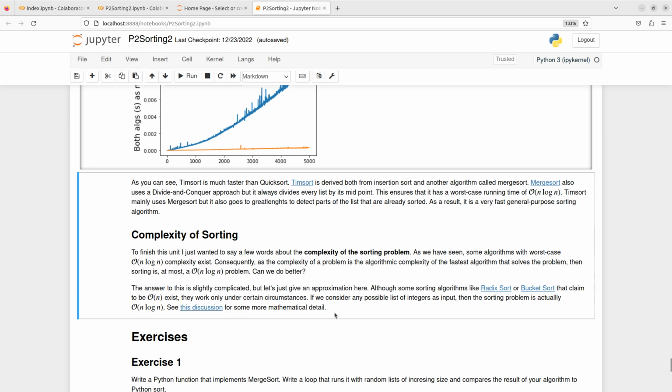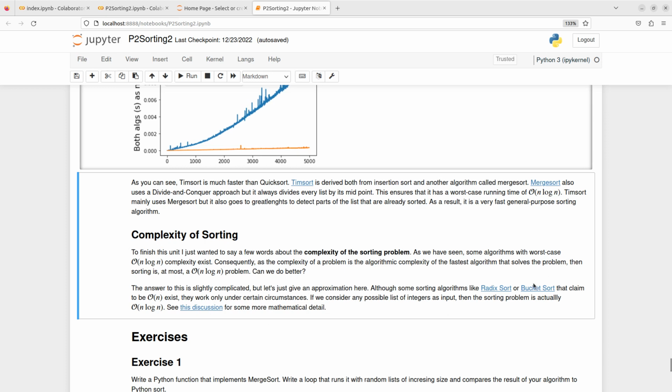So they claim to be faster than the n log n, for example, the Timsort algorithm. And if that is true, then the complexity of the sorting problem would not be n log n, but it would be n. But the thing is that these two algorithms only work under certain circumstances.